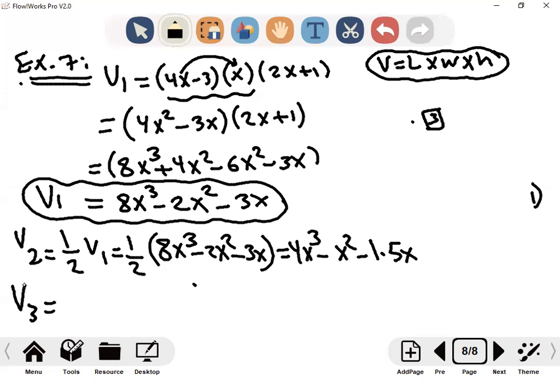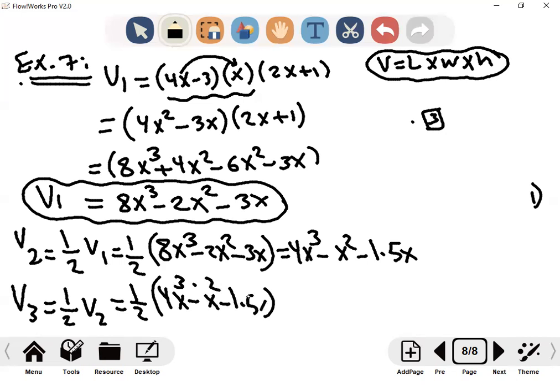Volume 3 is half of volume 2, which we found: 4x power 3 minus x power 2 minus 1.5x. Half of 4 is 2x power 3.